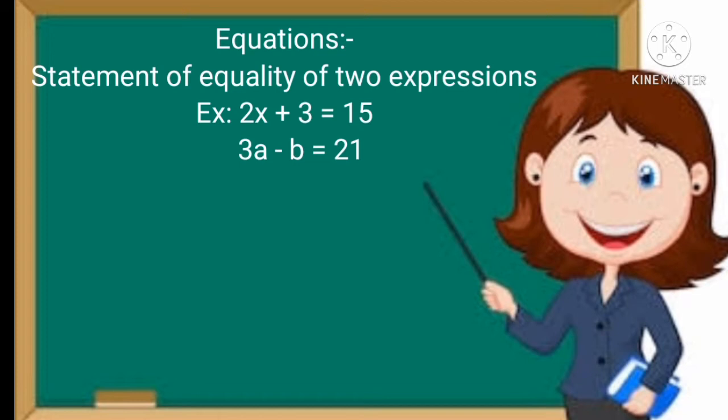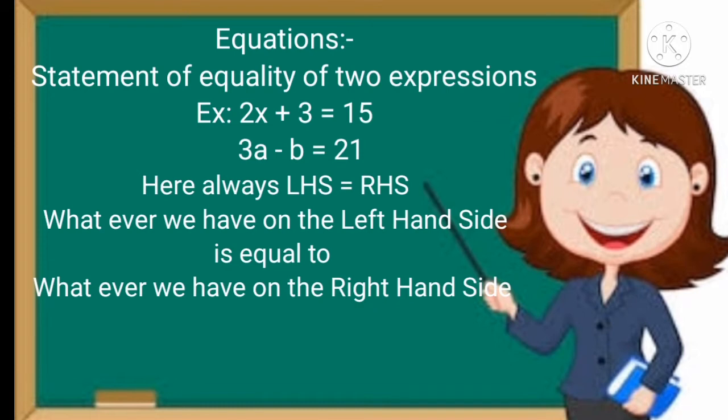Example, 2x plus 3 is equal to 15. 3a minus b is equal to 21. Here, always left hand side equals right hand side. Whatever we have on the left hand side is equal to whatever we have on the right hand side.